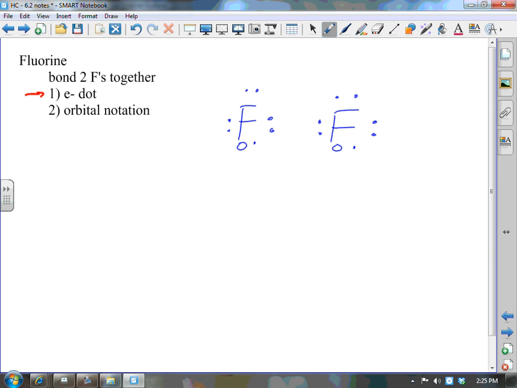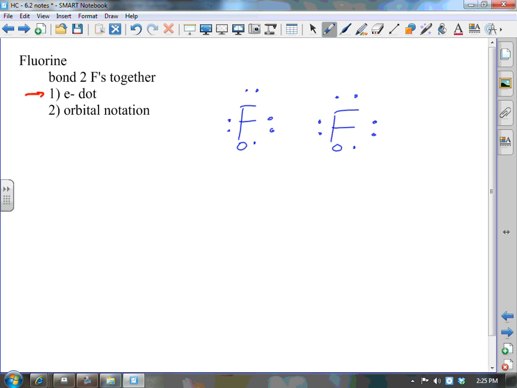So, first thing you want to do is draw the electron dot notation for 2 fluorine atoms. You'll get more comfortable and more efficient and neater, but I would always try and write them close to each other, so that as we draw arrows, we can show what's happening with the electrons.